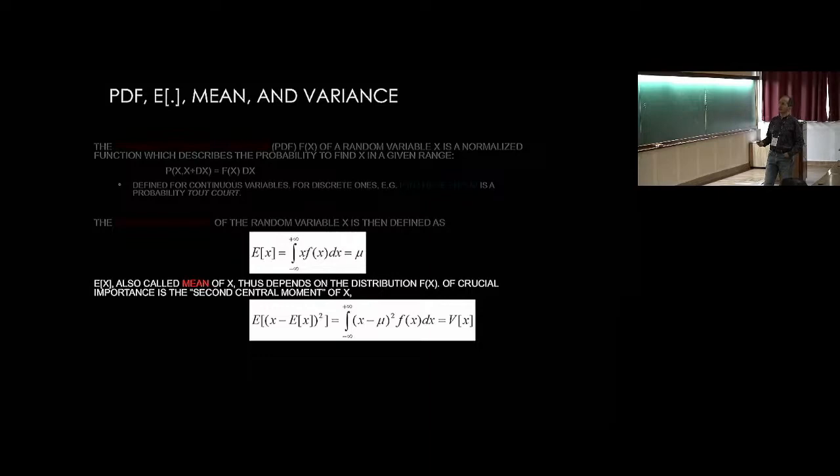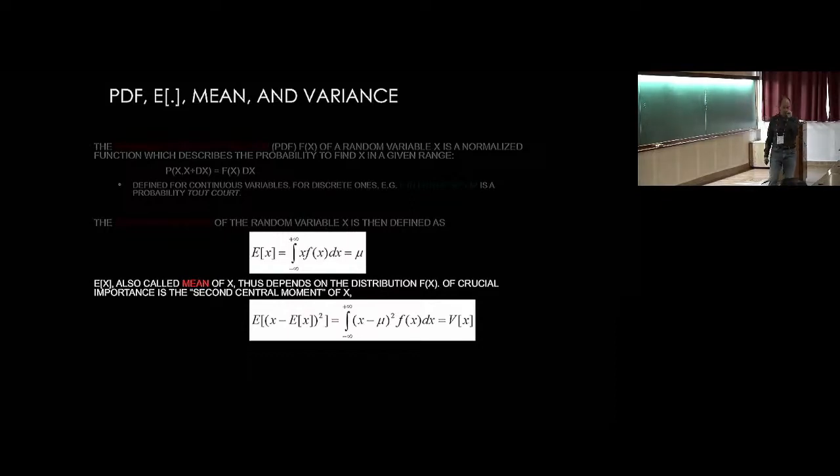So if you want to get the expectation value of a function of x, then you have to take the integral of the function of x times the PDF. And so here, well, this E of x, you already computed it, it is mu. So you take the integral of (x minus mu) squared times the PDF.